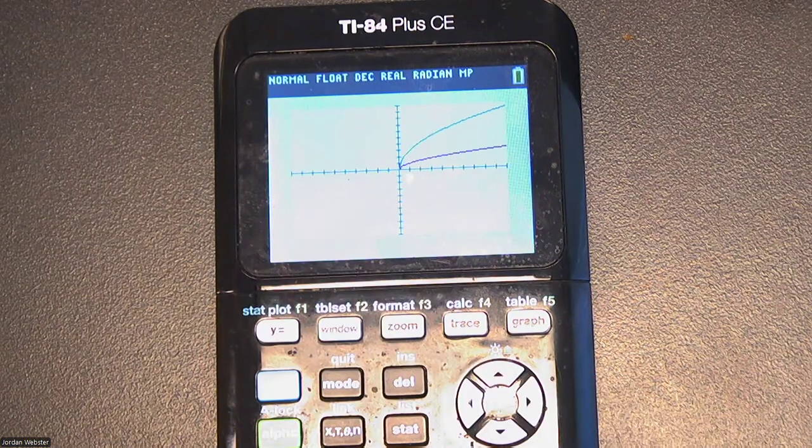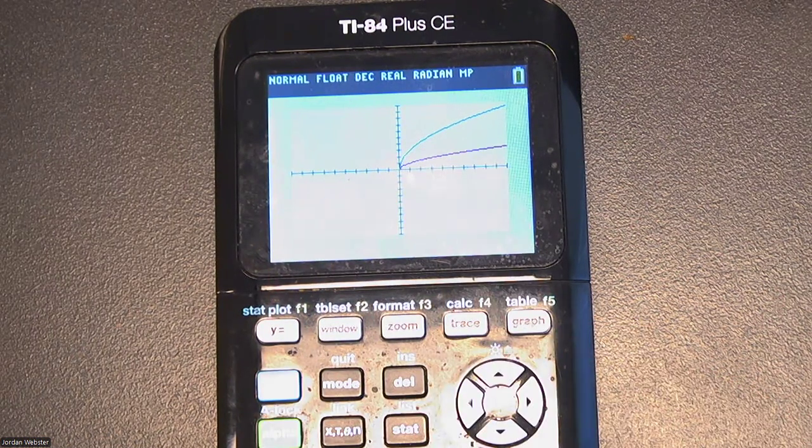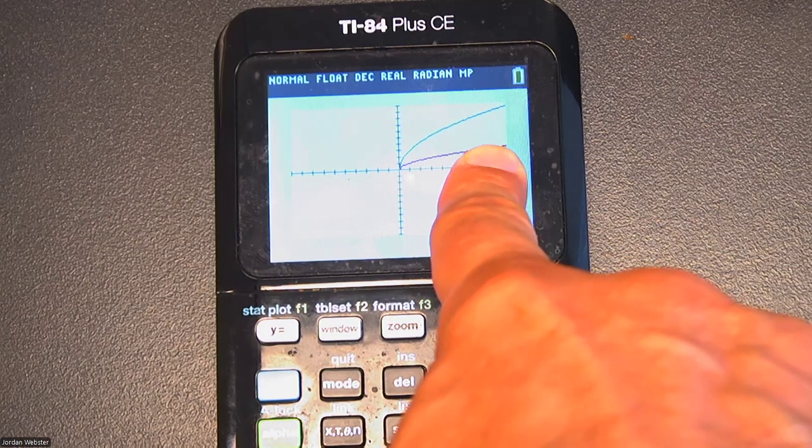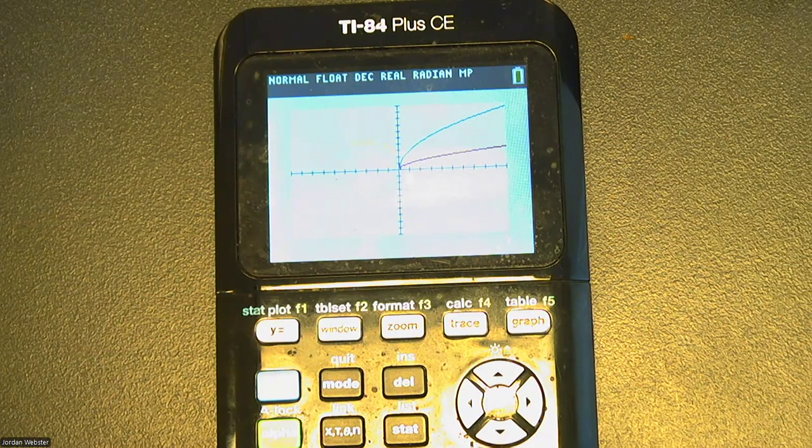So that's what we have. It might be hard to see on this, but every point on here is traced back to something that has 1/9 the value of your x value.